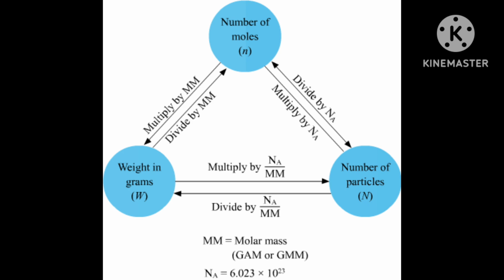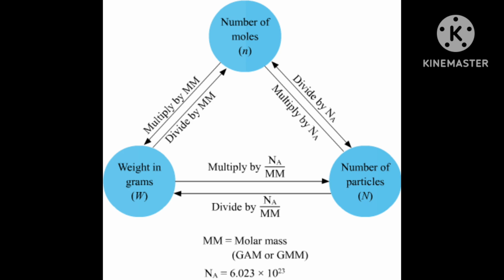You remember, in case of atomic substances, 1 mole is equal to gram atomic mass or 1 gram atom of the element, and that is equal to 6.02 into 10 to the power 23 atoms.